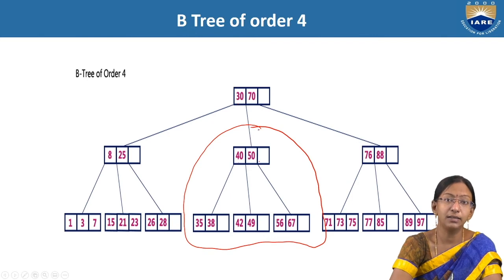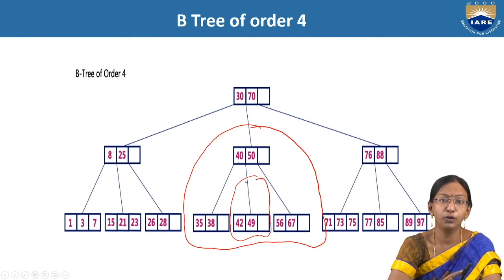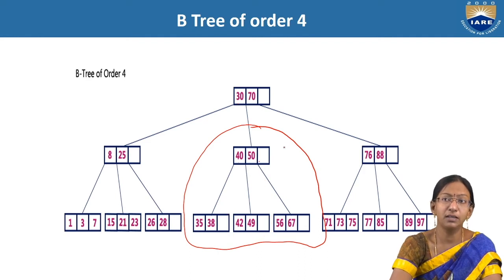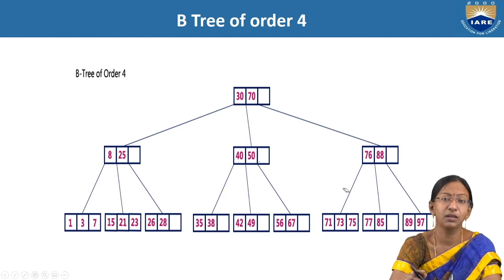The right subtree of 40, or you can say the left subtree of 50, has values between 40 and 50, which are 42 and 49. The right subtree of 50 will have all the values greater than 50, which are 56 and 67. I hope you got my point, right?